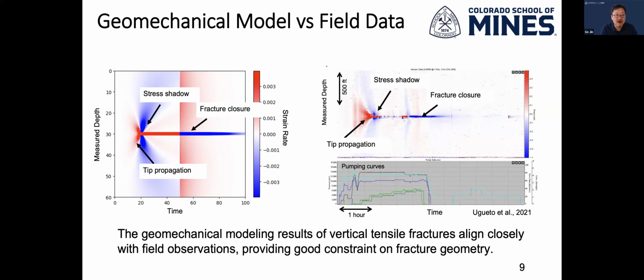In that case, we also found a couple of interesting observations related to the fracture efficiency. Remember, the fracture propagation speed in a certain reservoir is not only dependent on the elastic or anelastic property of the rock. A lot of times it's more dependent on your injection rate and on where the injected volume propagates. Is it more toward the direction of the fiber or more away from the fiber?